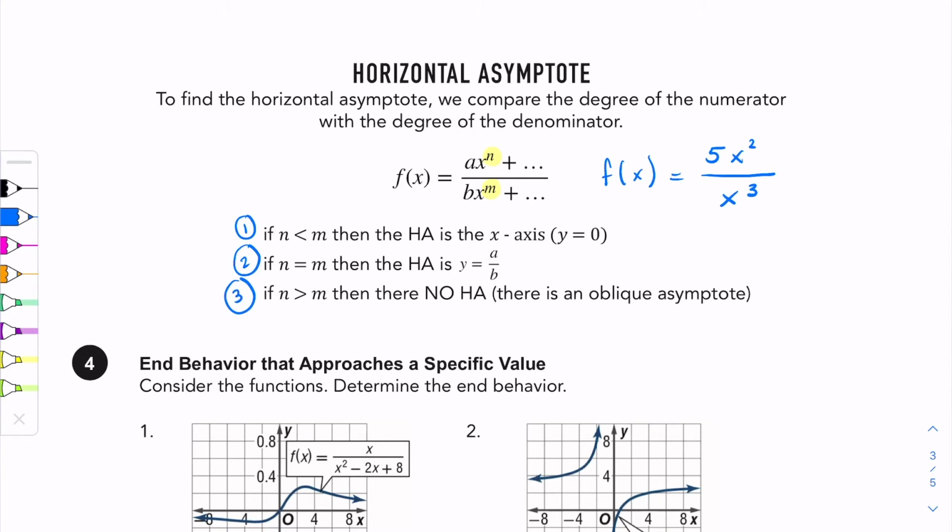All right, so number one, or the first potential case, if n is less than m, so if the numerator exponent is less than the denominator exponent, then the horizontal asymptote is automatically at the line y equals 0.